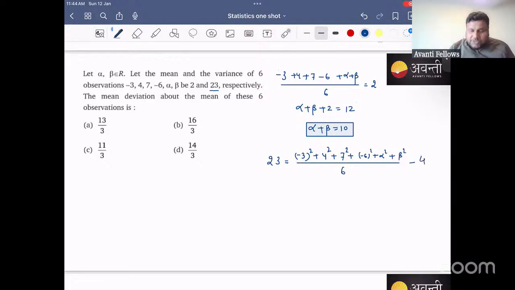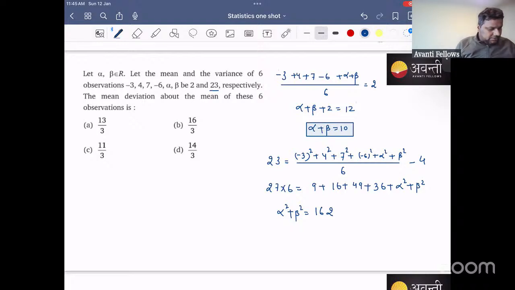Square of mean is what? 4. Understood? Now it is 23 into 6, which is 9 plus 16 plus 49 plus 36 plus alpha square plus beta square. Understood? So your alpha square plus beta square is what? 27 into 6.